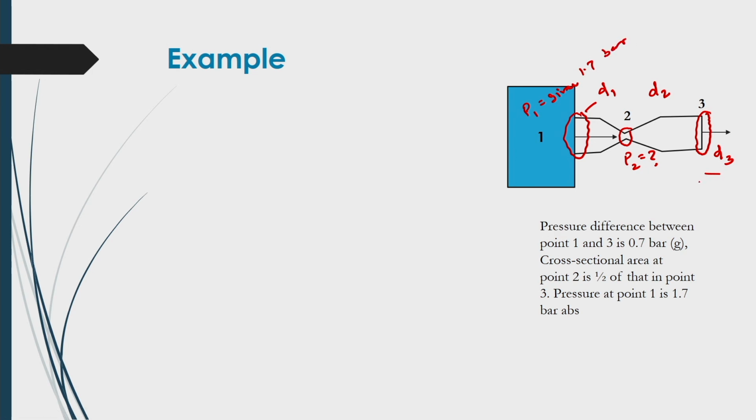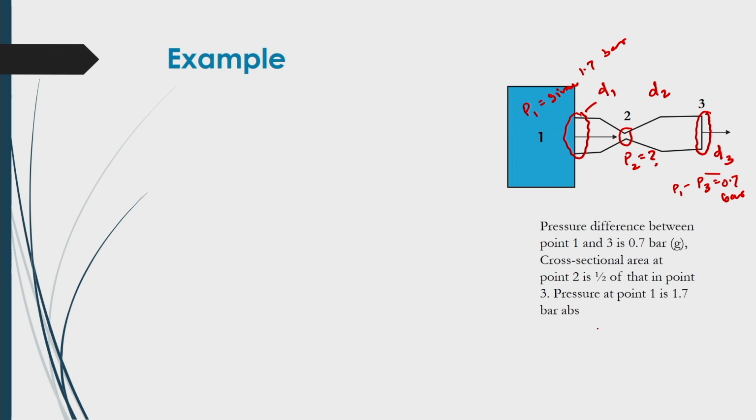The pressure difference P1 minus P3 is given here as 0.7 bar. So, accordingly you have to find out what will be P2.